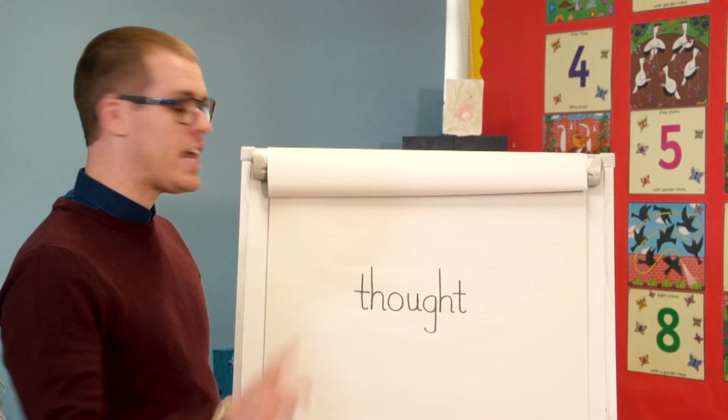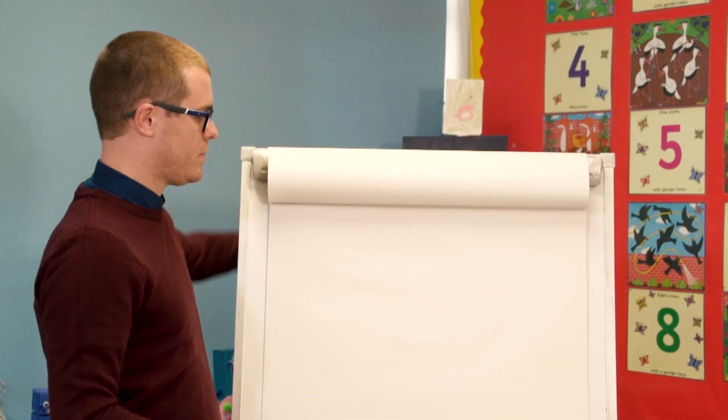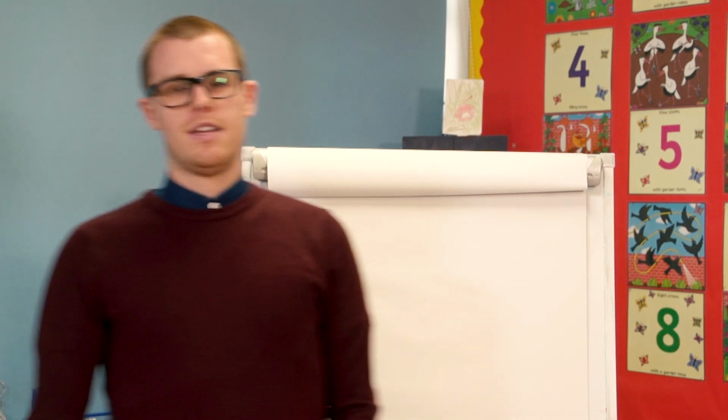Now I would like you to have a go. Say the word. Say the sounds. Remember that tricky bit in the middle. Or is written o, u, g and h. Write down the word. There are 3 sounds in this word.